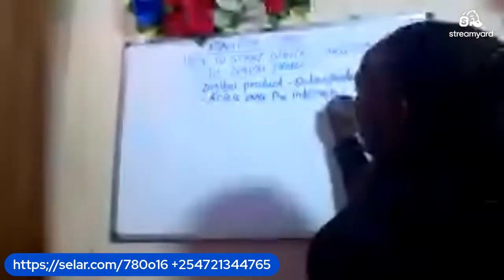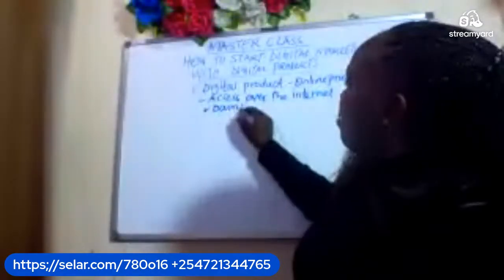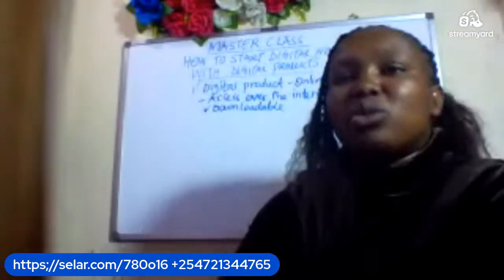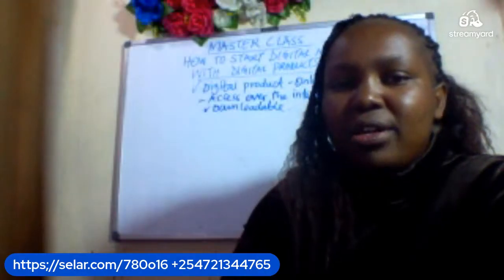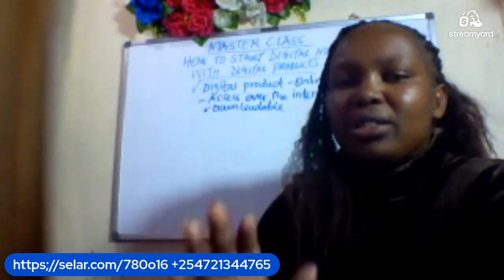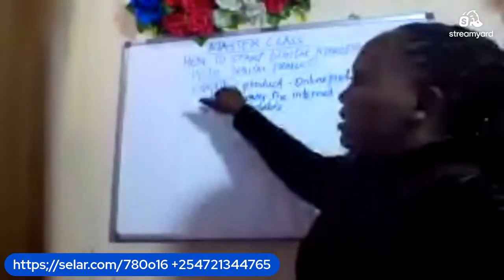And we can simply say that it is downloadable. Most of the time, any document or any information sent via the internet requires one to download it, right? And therefore, if we access that digital product by downloading it or accessing it over the internet, and it is not anything that we can hold with our hands, then we definitely have a digital product.